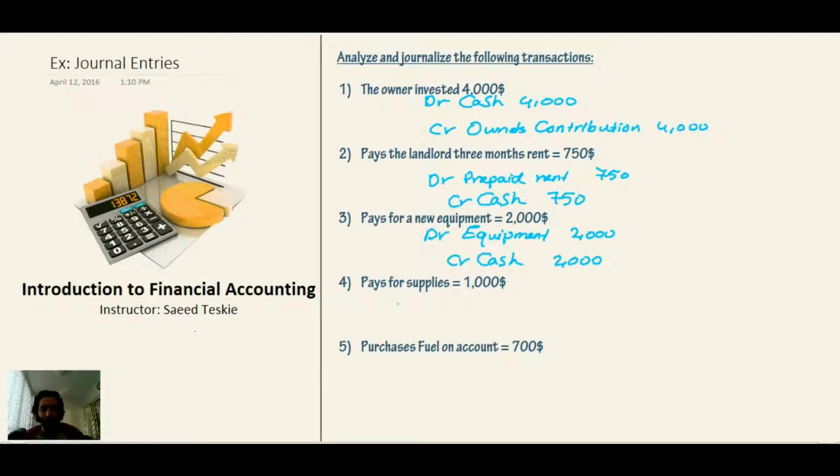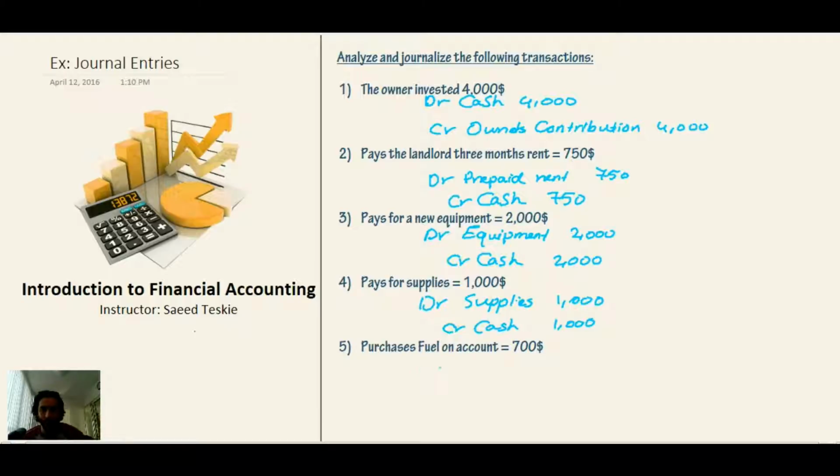Okay, we paid for supplies for $1,000. We will debit supplies, it's an asset account, for 1,000, and we will credit cash because we paid from our cash account, 1,000.